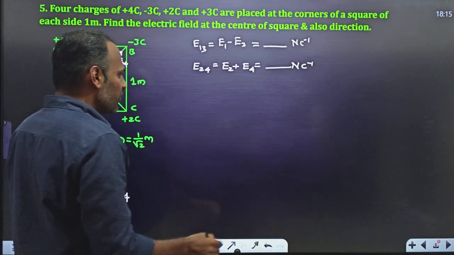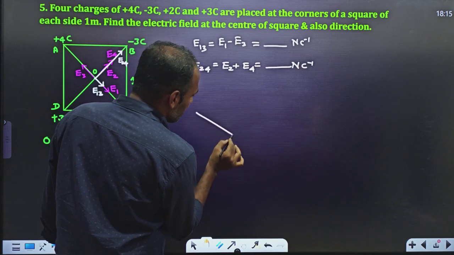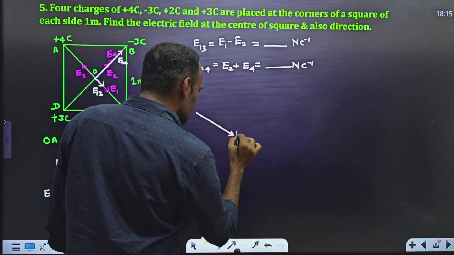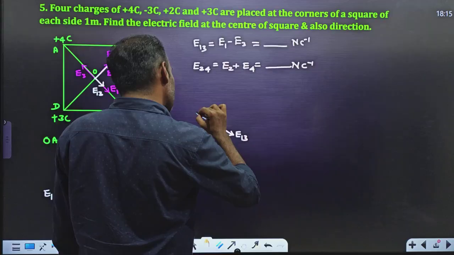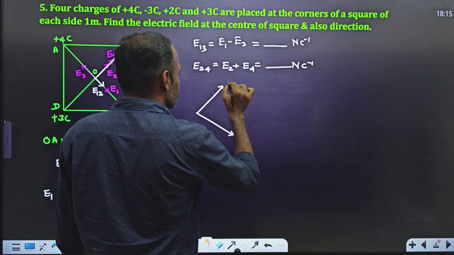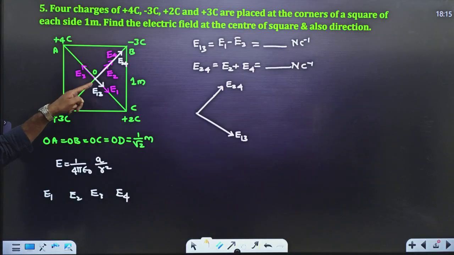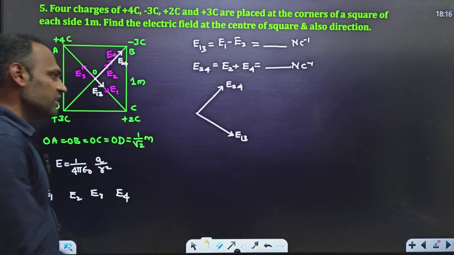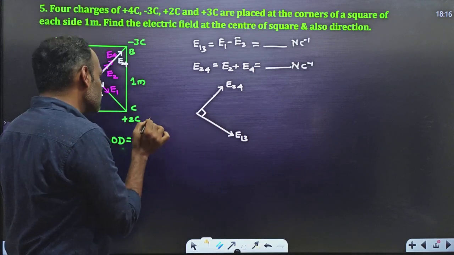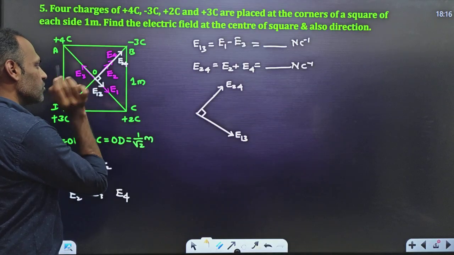Correct? So finally, we are left with two vectors now. One is E13, and another one is E24. These are the two vectors we are left with, E13 and E24. These both are perpendicular to each other because diagonals will always be perpendicular to each other.